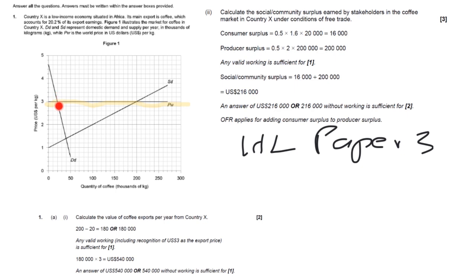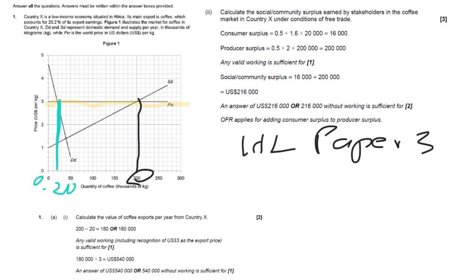When you go across, this is the demand curve of domestic demand. And also you can see that this is the domestic supply curve. So this is 200, so you can highlight this one, 200, and this one here is 20, right?